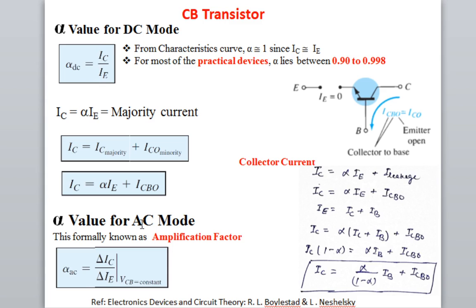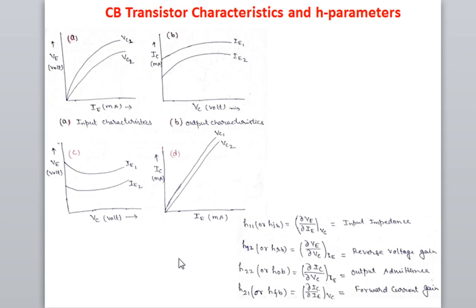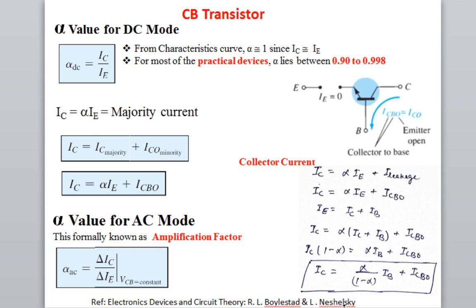If you have AC mode, meaning the transistor is used as an amplifier, then this parameter alpha is called the amplification factor, defined as del IC upon del IE at constant VCB. So alpha AC is equal to del IC upon del IE at constant VCB. This is for AC signal, and the earlier one is for DC mode.